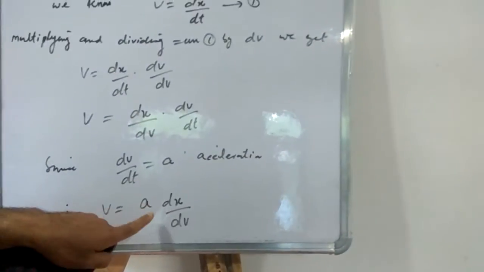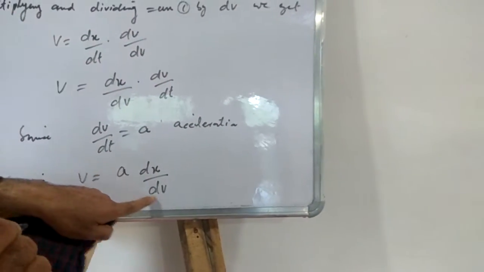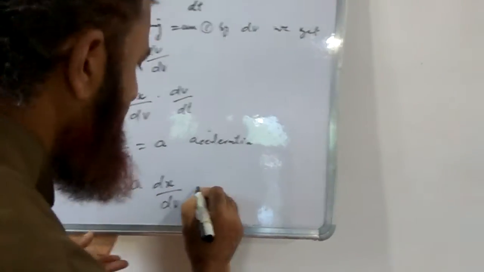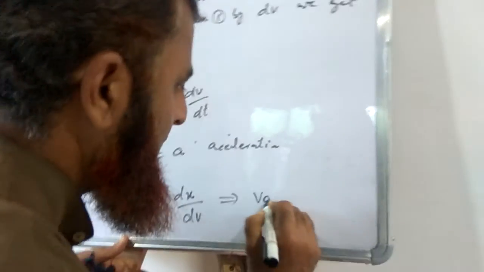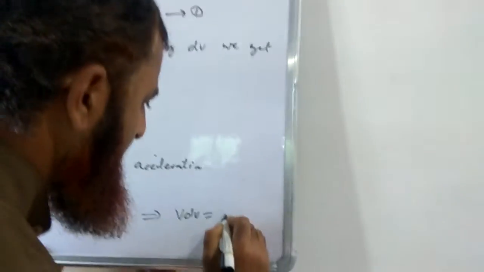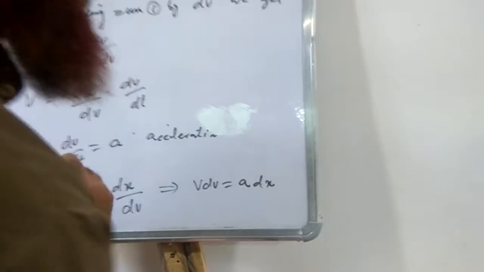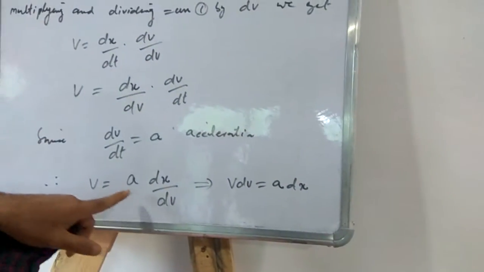For dv by dt we have substituted a, there is a dx by dv. Now we will multiply this, it will become v dv is equal to a dx.